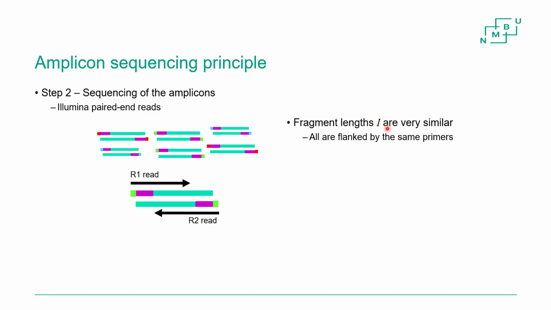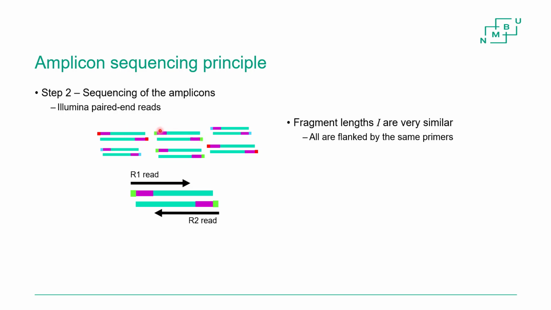Remember, we talked about fragment lengths when we did full shotgun sequencing as well. But then the fragment length varies a little bit, right? Some are short, some are long, because they are randomly chopped up DNA. This is not randomly chopped up DNA anymore. These are designed amplicons. We copy a specific part of the genome.